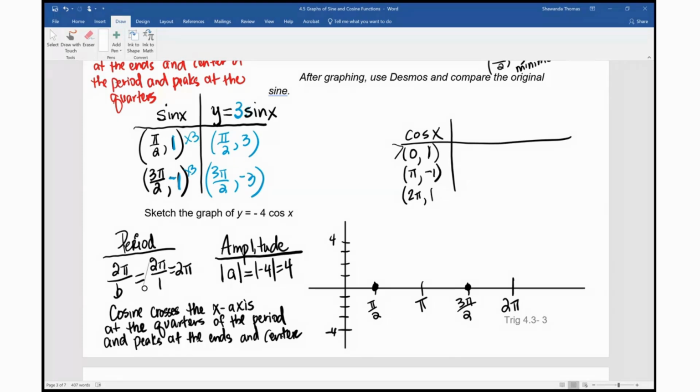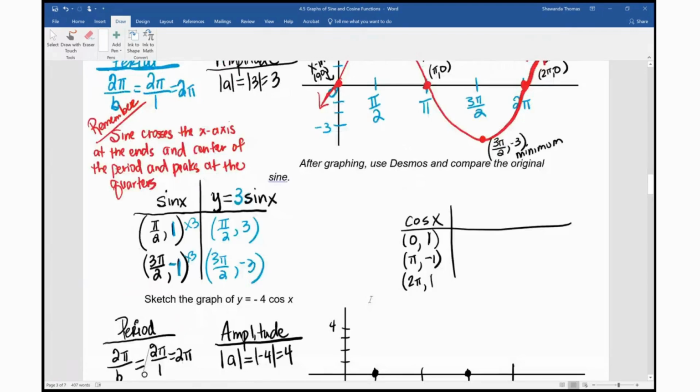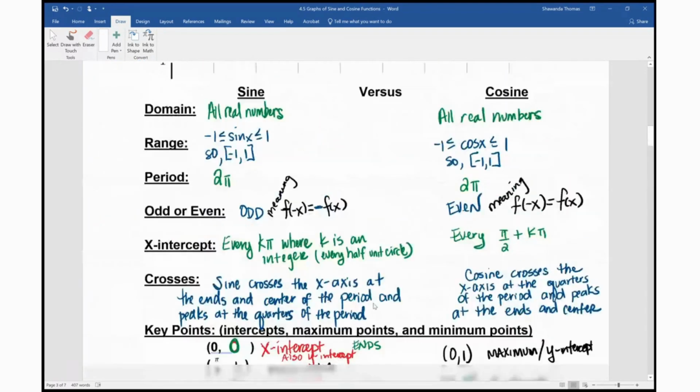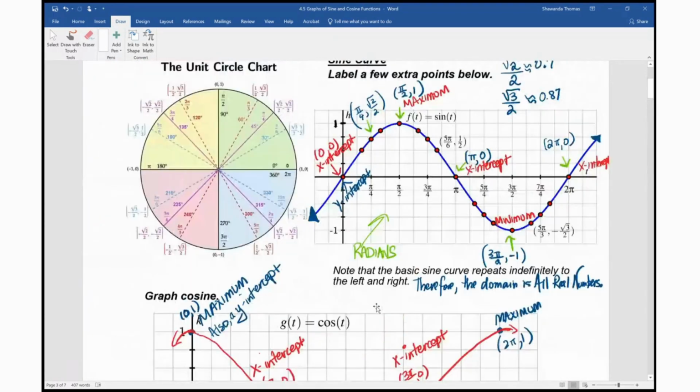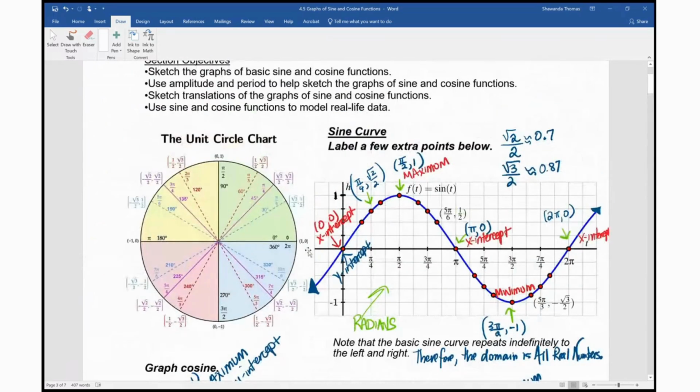I want y'all to get familiar with the unit circle. You start out with 0, and when you get all the way around, you end up with 2 pi, but you end up in the same spot. All right.